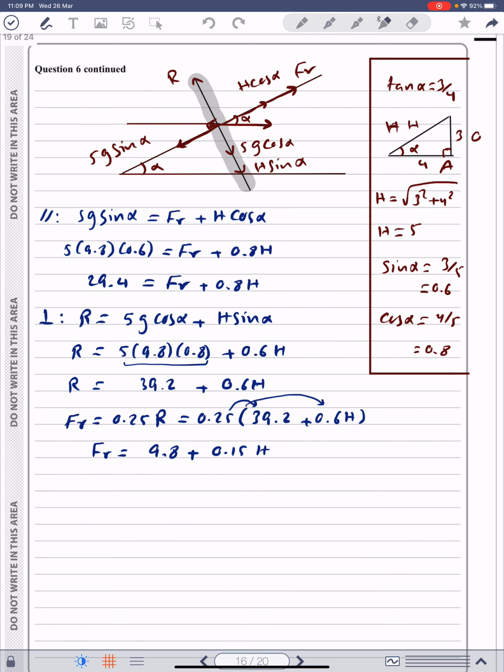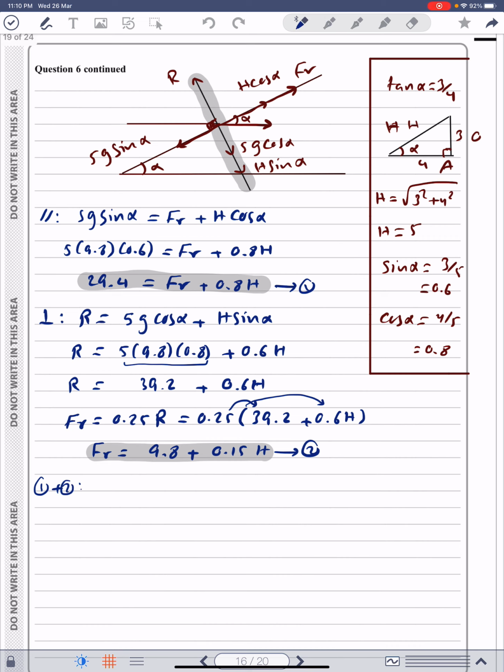So we have this equation here and this equation here. Let's say this is equation 1, equation 2, to help yourself. By substituting 1 into 2, what will you get?